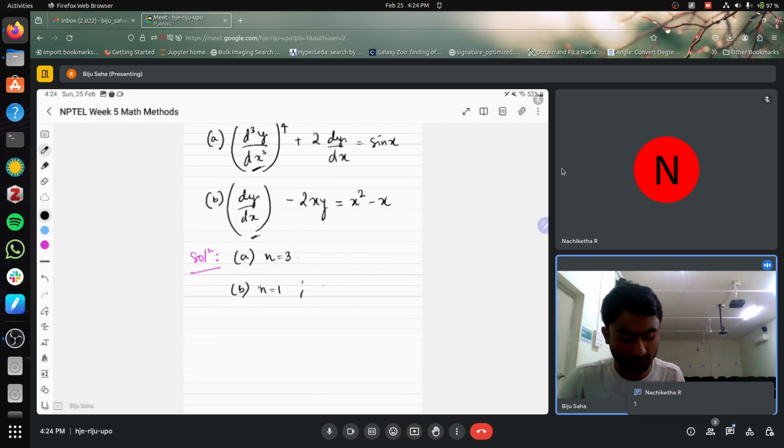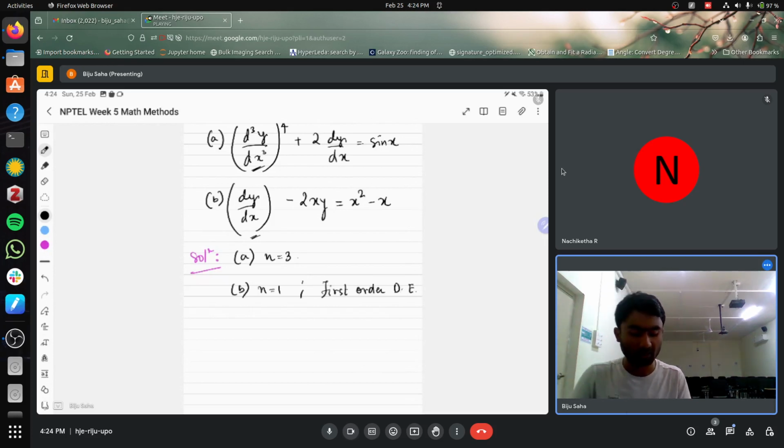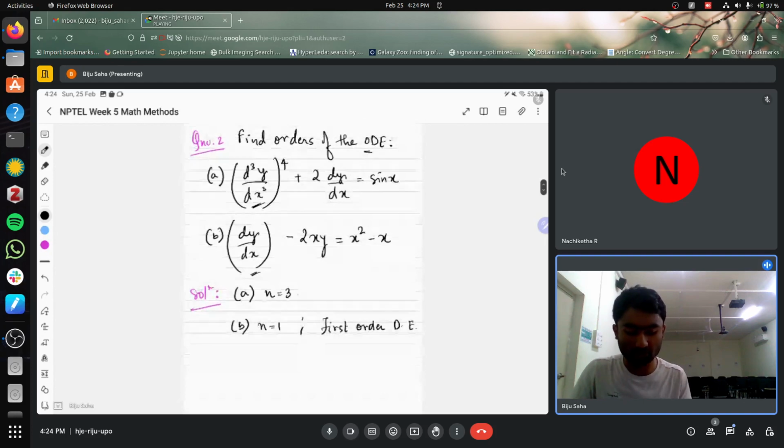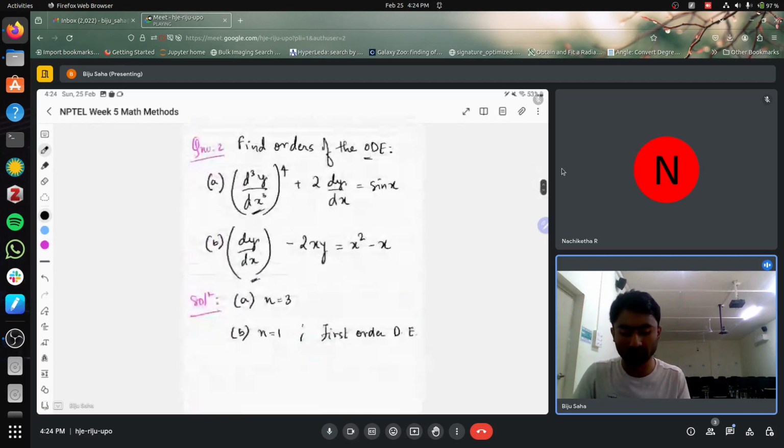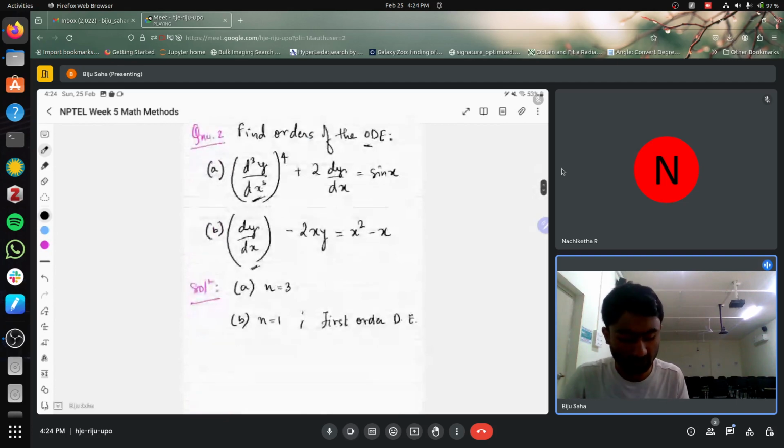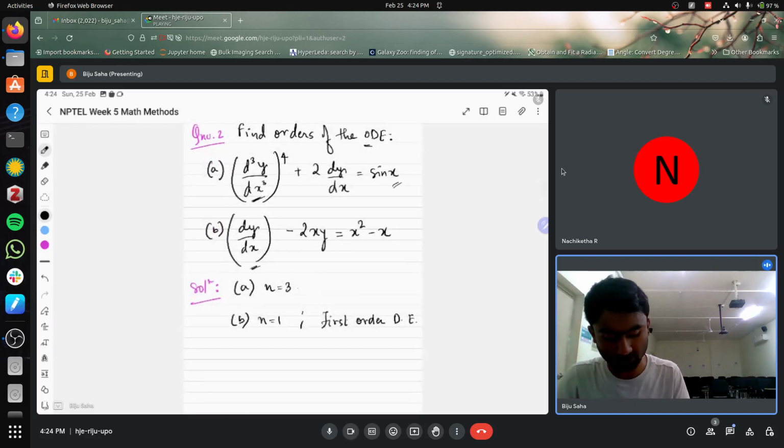So here, this is your first order differential equation. Now, it's not actually mentioned in the question, but since you have learned to check if an equation is linear or non-linear, you can also see for this particular equation, there is a very important catch: higher powers involved in the derivative itself.